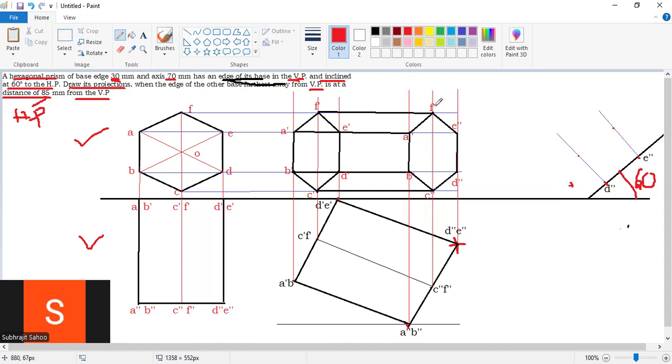Do the same for the F point here. E to F distance and A to F distance. Mark here. Right. And draw the arc and join the lines. Slowly I'm telling, it is also time taking. Right.